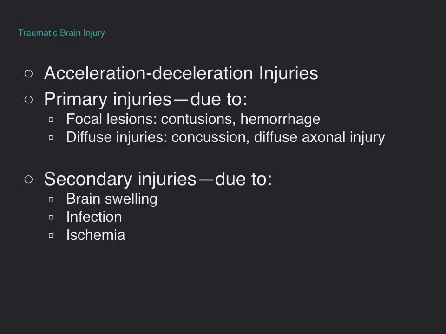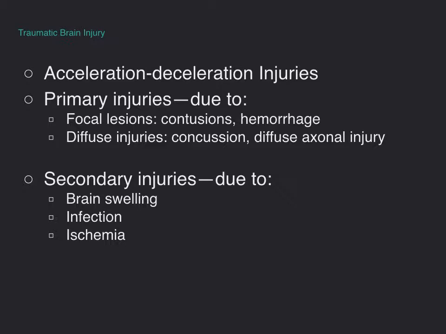With the acceleration-deceleration injury, the brain that's floating freely in the cerebrospinal fluid is within the rigid confines of the skull. So when there is blunt force to the head, it causes the brain to accelerate within the skull and then decelerate abruptly when it hits the inner skull surfaces.